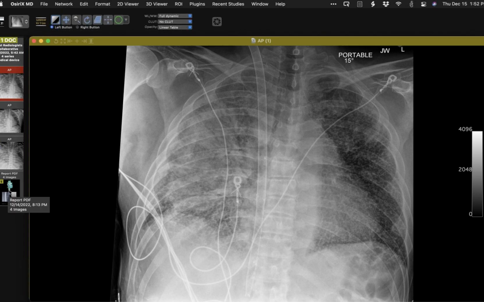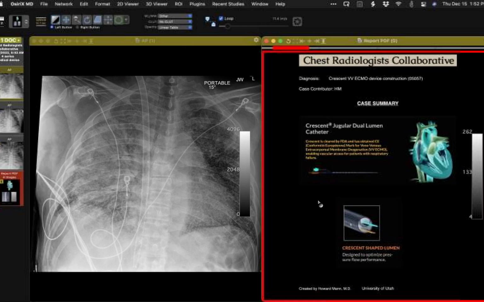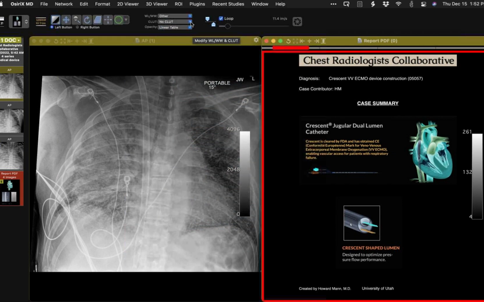We use another one called a Crescent. So here is the anatomy of this Crescent device, and I'll show you some things about it.